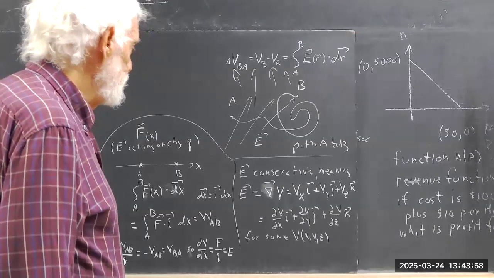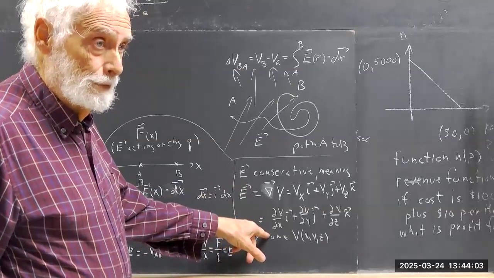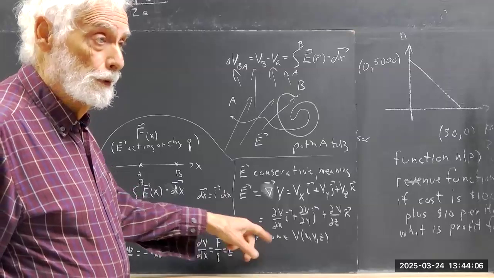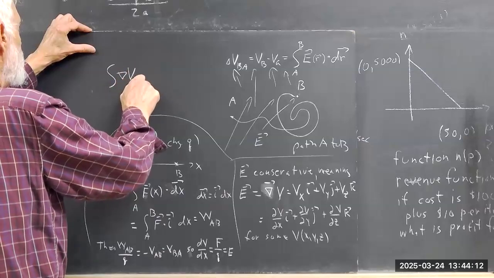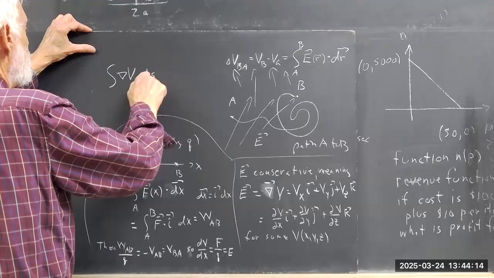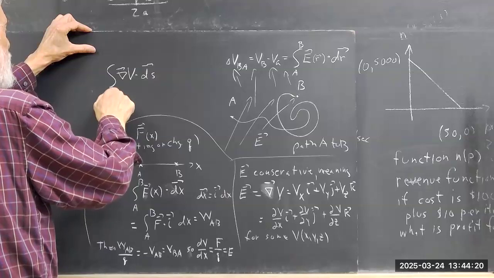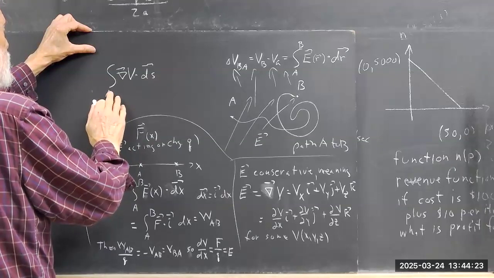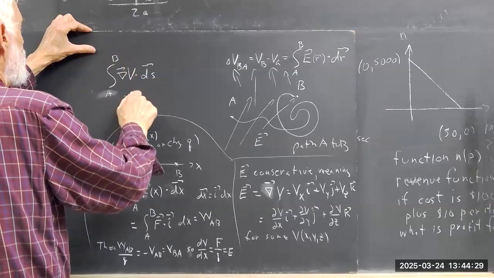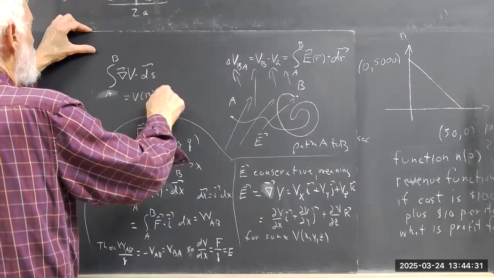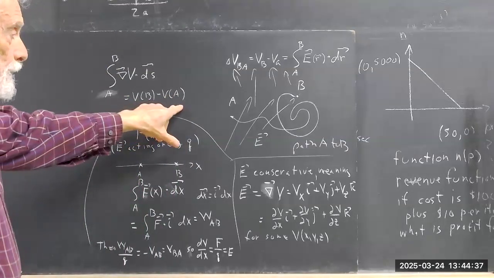Now, again, the theorem is, since E is conservative, E is a gradient field, and the integral of the gradient field is just potential here minus the potential here.